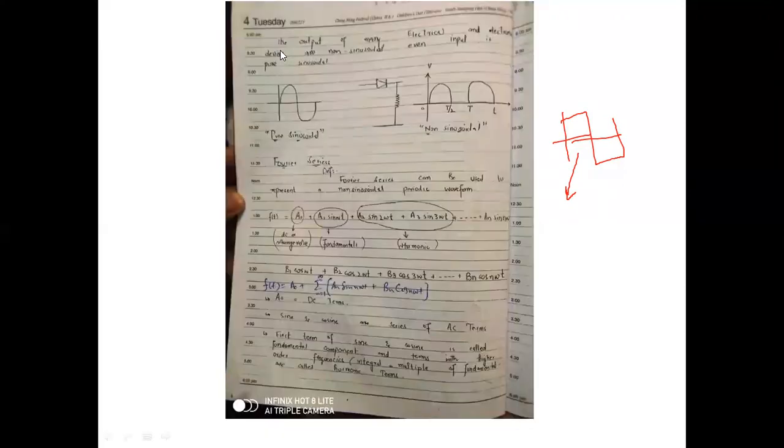Okay, if you want to know the amplitudes of these Fourier series terms, meaning a naught, a1, a2, and these b amplitudes, here is the formula. a naught is equal to 1 over T, integral from 0 to T, of f of t dt. f of t is the function of the non-sinusoidal waveform, while T is the time period of that waveform.